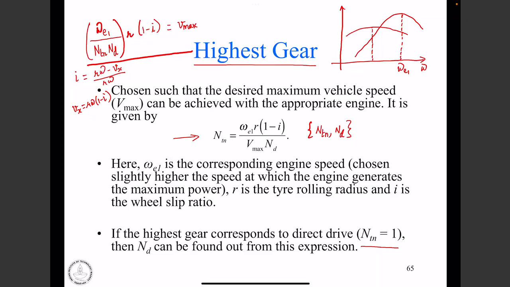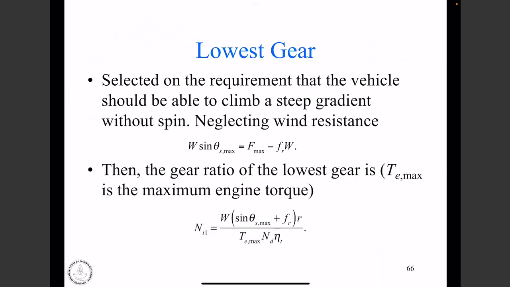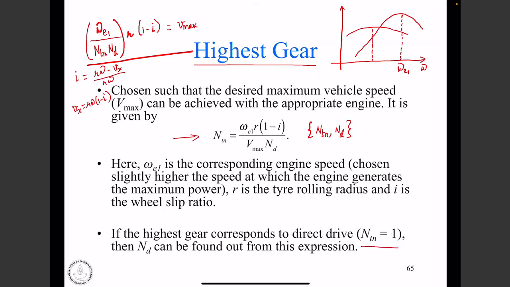Now we are going to go forward and get an equation for the first gear. How do we get an equation for the first gear, or the lowest gear? We are going to use gradability.